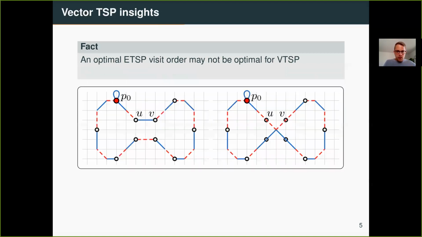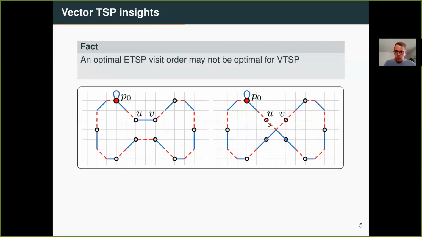What this means is that if you visit a given point set according to the optimal Euclidean TSP visit order, such as shown on the left, and you do this optimally with the minimum number of vectors, you might still use more vectors than the real optimal solution for VectorTSP, which is shown here on the right. This is just an example, but there are many more cases in which this can actually happen.